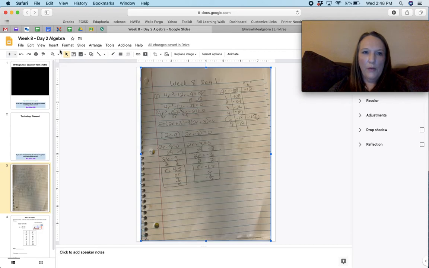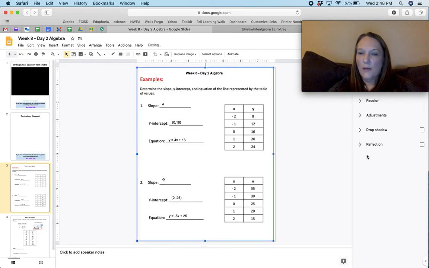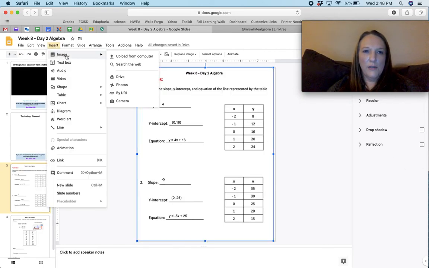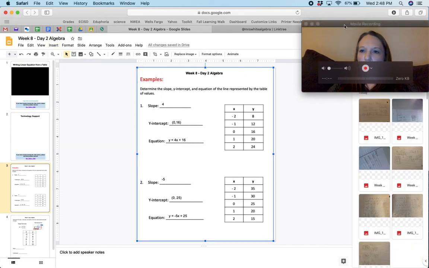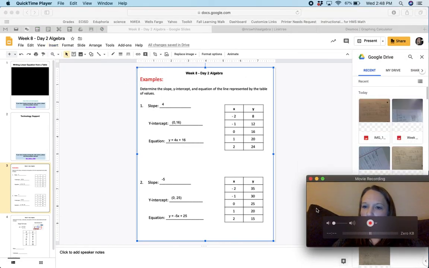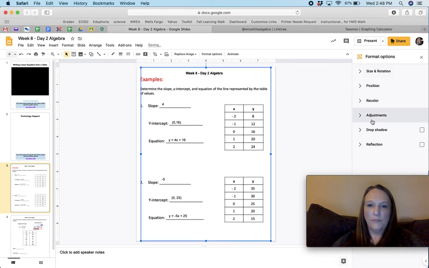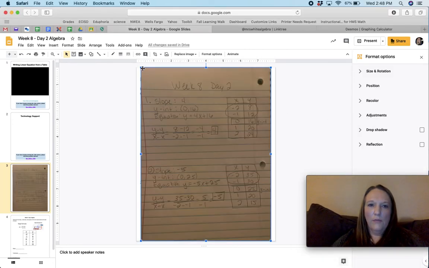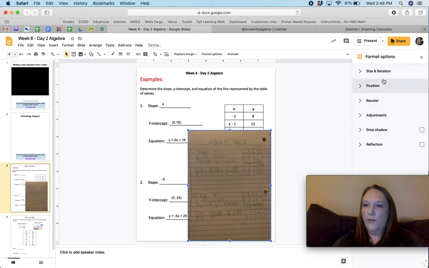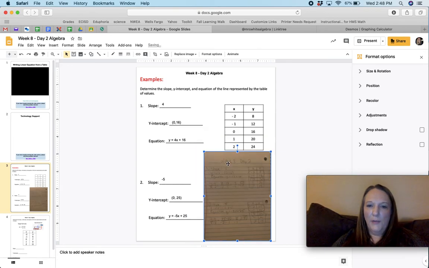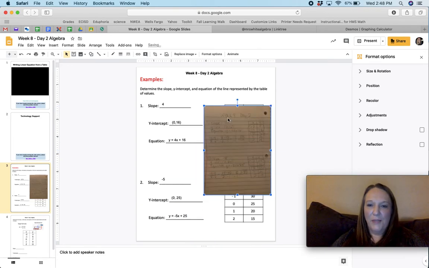Nope. Goodness. Well, insert image from drive. Let's do it this way. Instead of doing recent, it's because people are turning in work. Oh, here it is. There we go. So if you can't find the picture, I could have gone where it said drive and go to the folder I was finding it in. People are turning in assignments, so it's putting pictures in there.